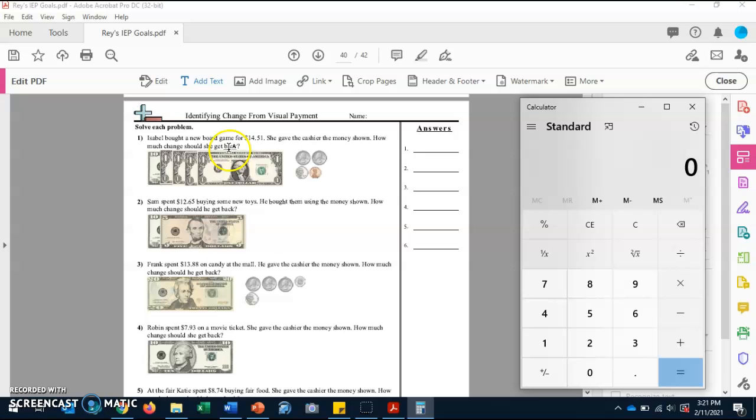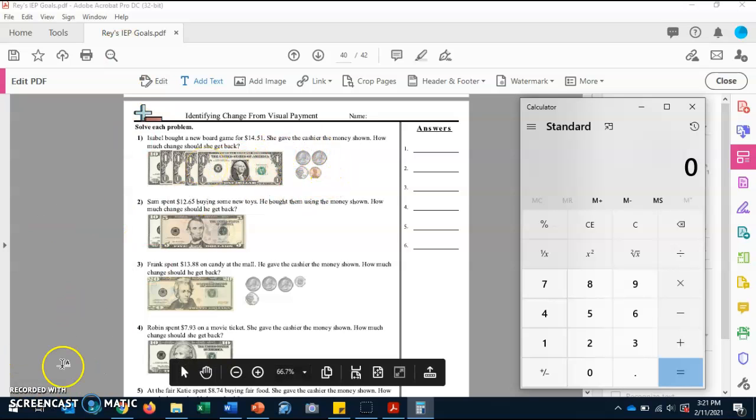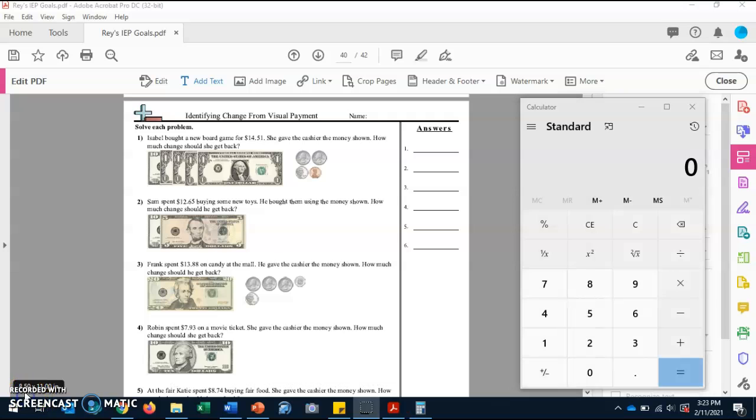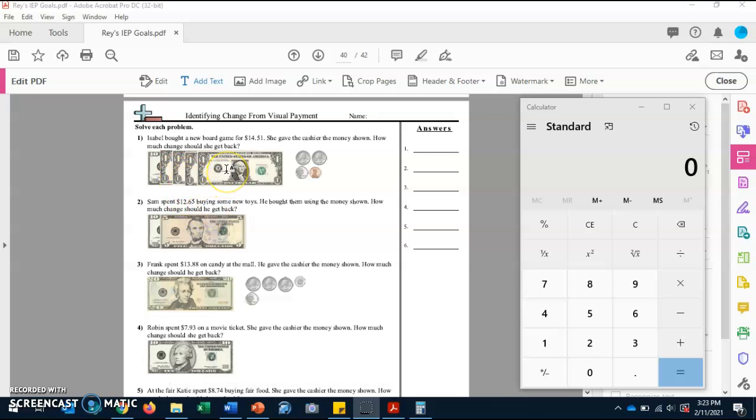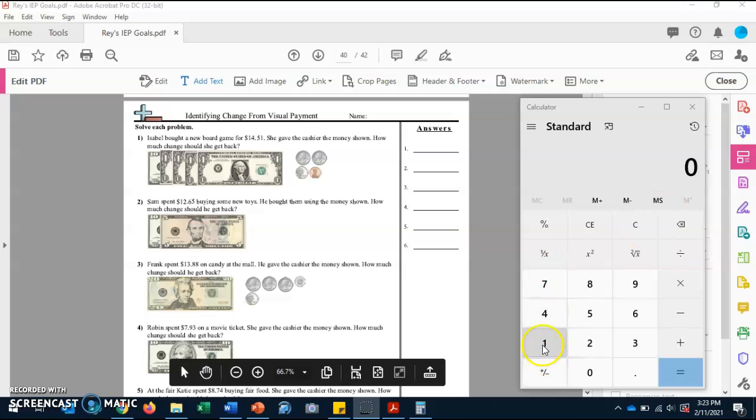So first we need to count how much money is here in total. So here we have a $10 bill, and then we have 1, 2, 3, 4 $1 bills. So we can put it in the calculator if we cannot add it on our own.